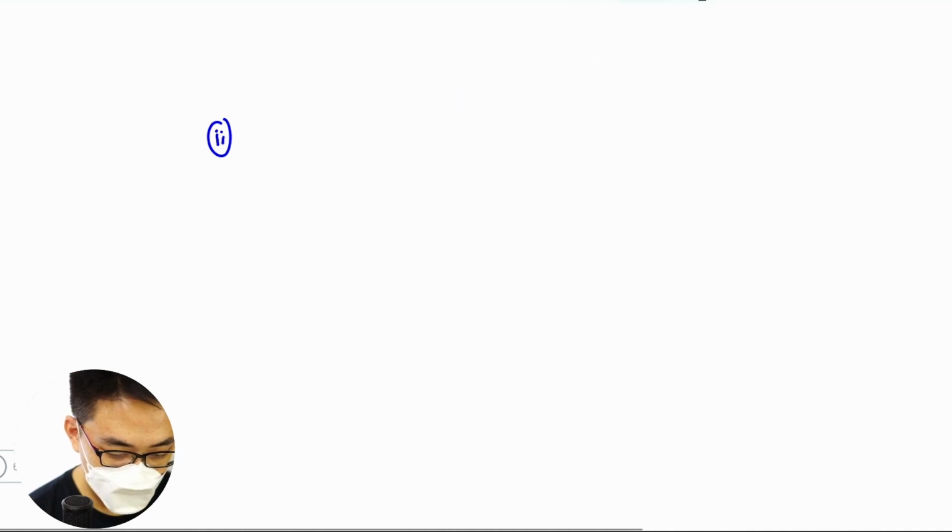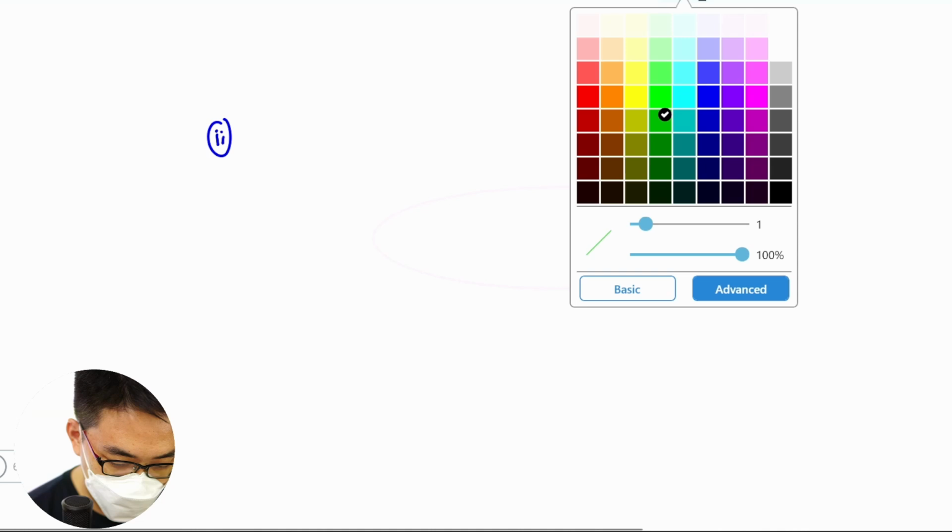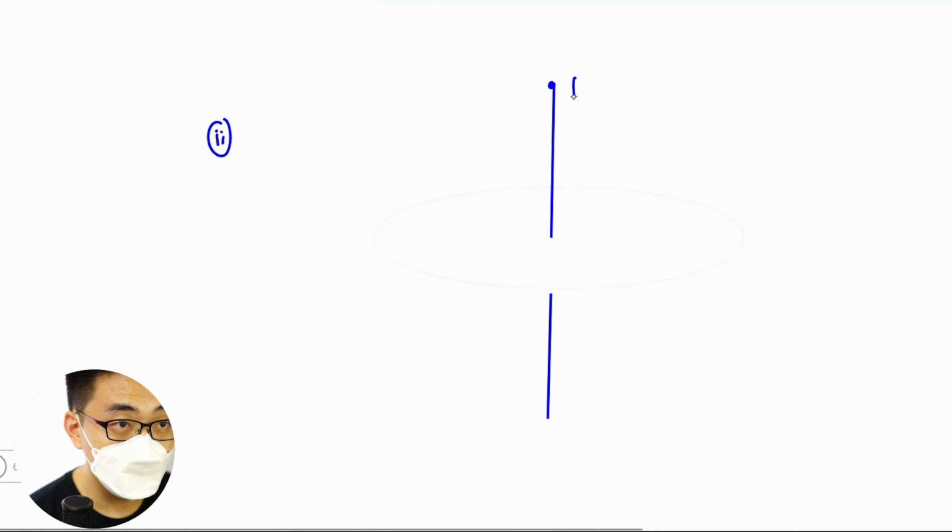Maybe I just draw a plane like that. Then this is the midpoint. This is QR, sorry, QR.